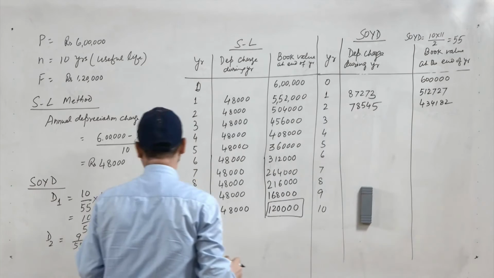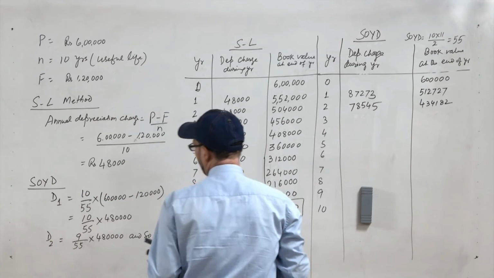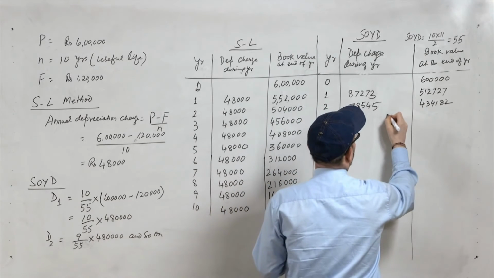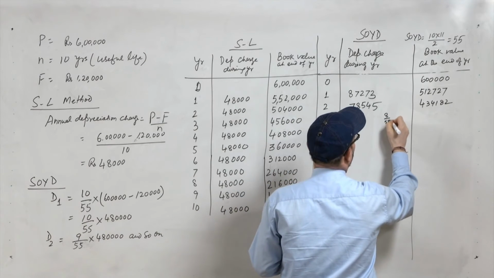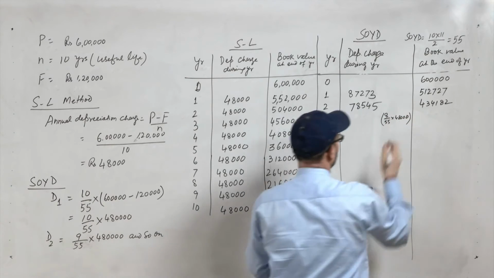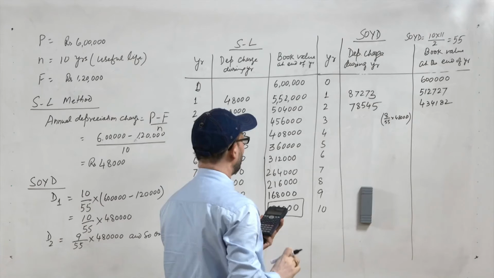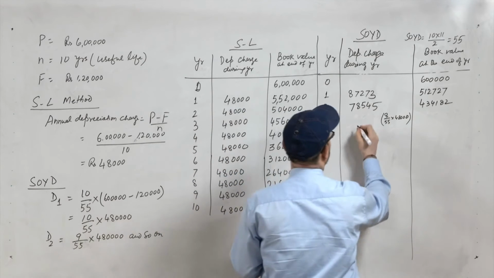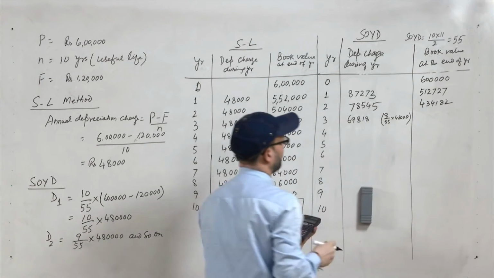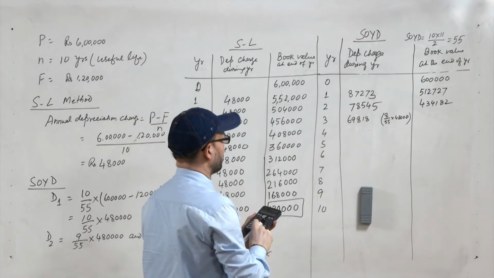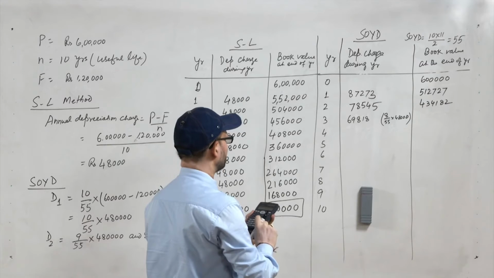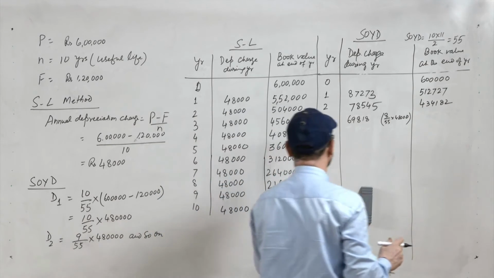Now, the third year depreciation D3 will be 8 by 55 into 4,80,000, so it will be 69,818. So, 434,182 minus this amount gives 364,364.